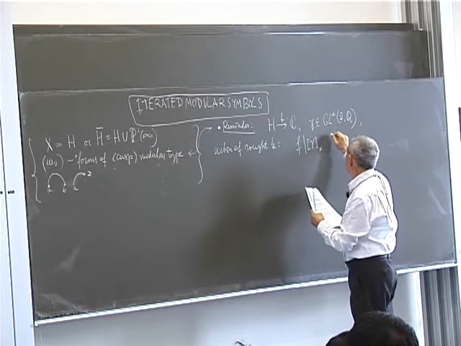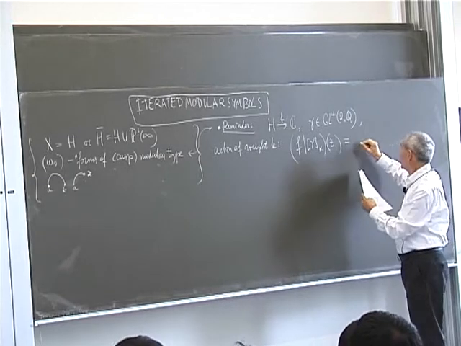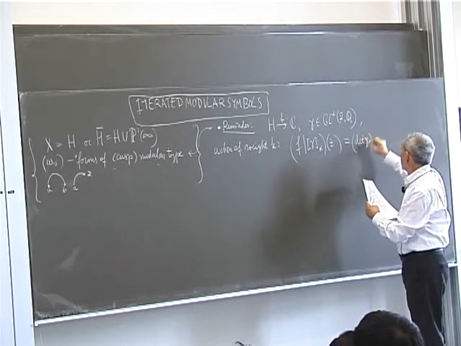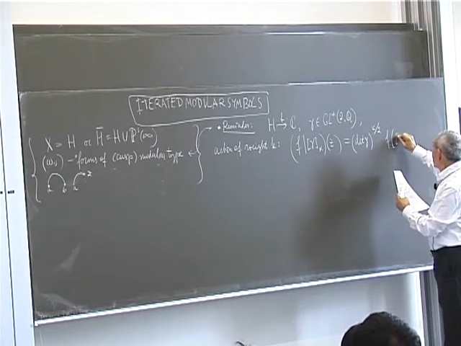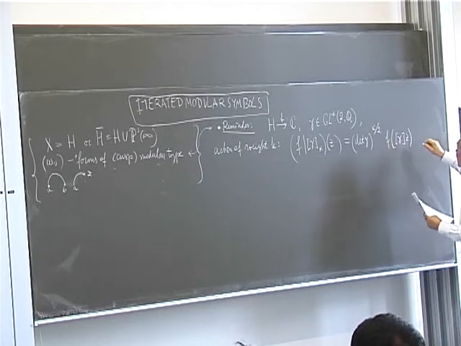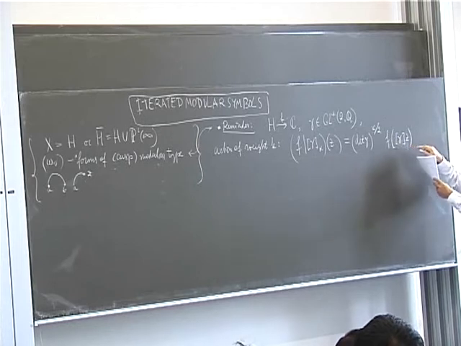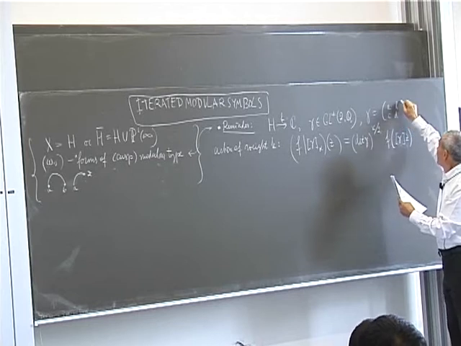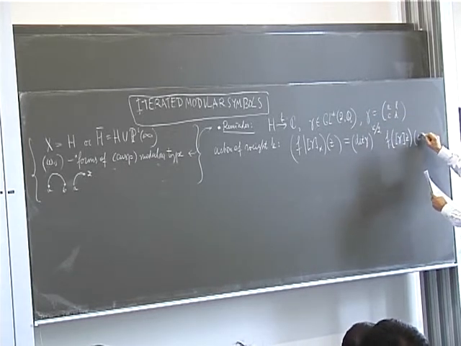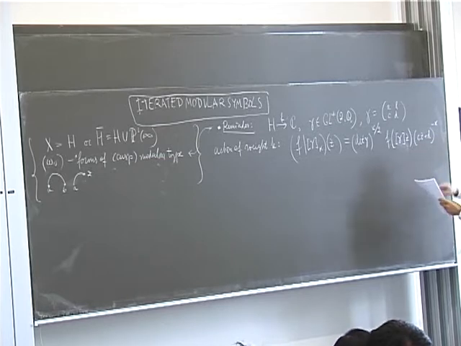And I will use the normalization where the value of this function at z will be determinant of gamma to the power K divided by 2, then you will apply the fractional linear transform to z corresponding to this matrix, and then we'll take the denominator and produce this expression.